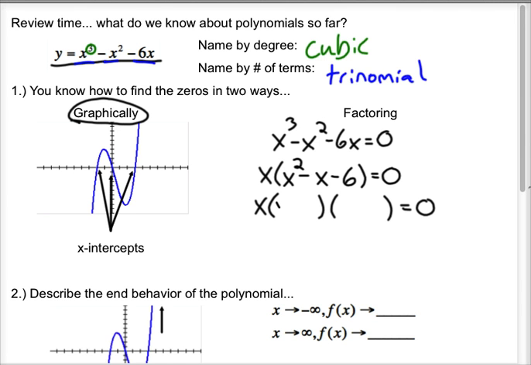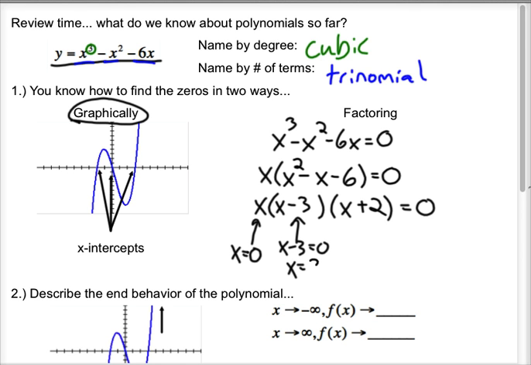So that x squared comes from x and x. Two things that multiply to -6 and add to -1. Well, I believe those two would multiply to -6 and add to -1. So, now remember, using the factoring method, this is going to give us an x-intercept at 0.